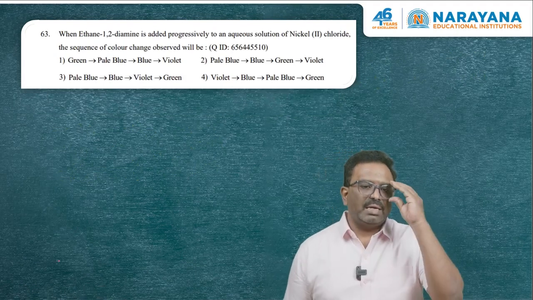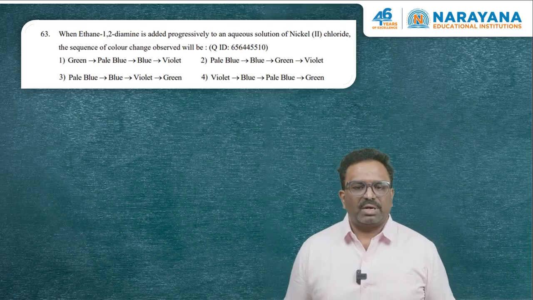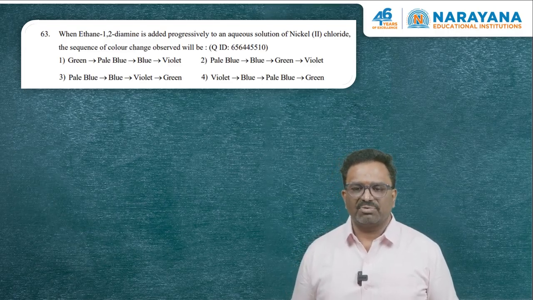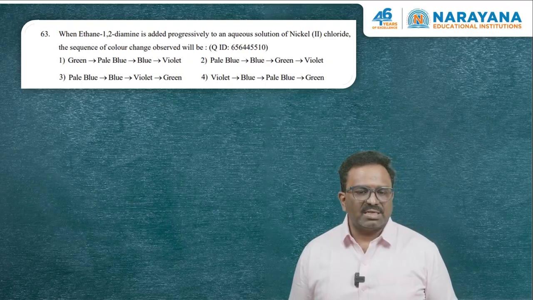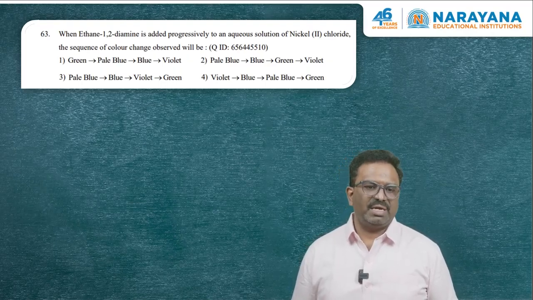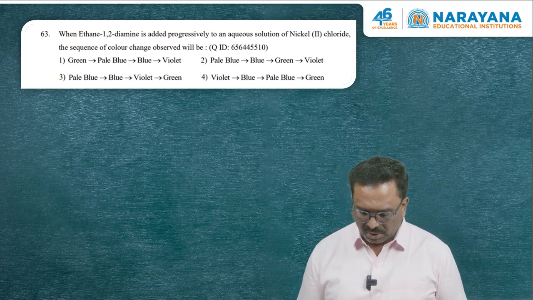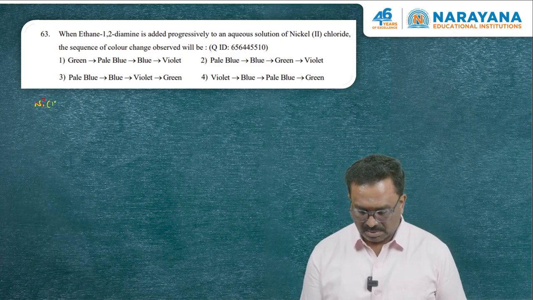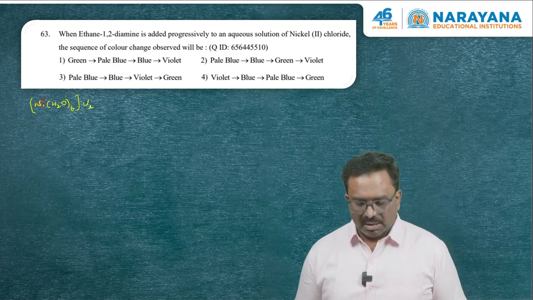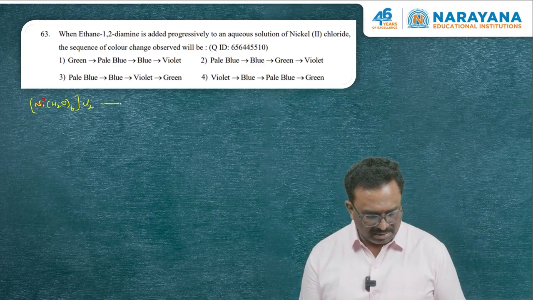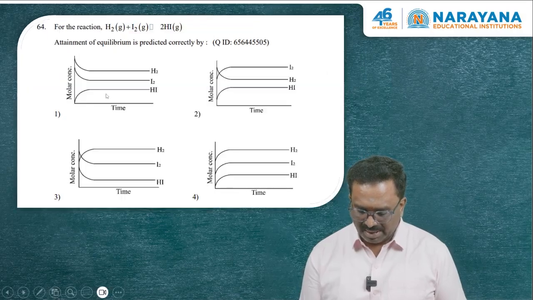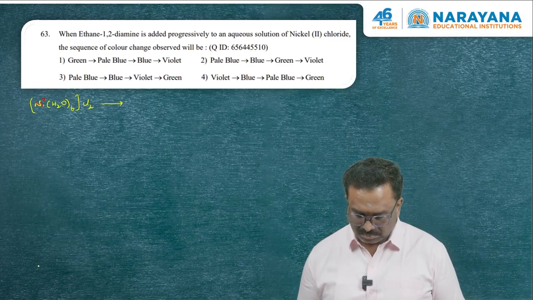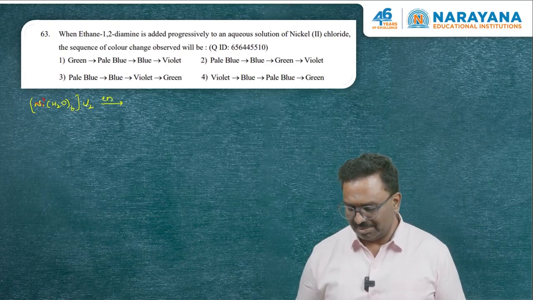Next, when ethane 1,2-diamine is added progressively to an aqueous solution of nickel 2 chloride, the sequence of color change observed will be. So, nickel 2 chloride, if we take, this by the reaction with ethylene diamine, en.